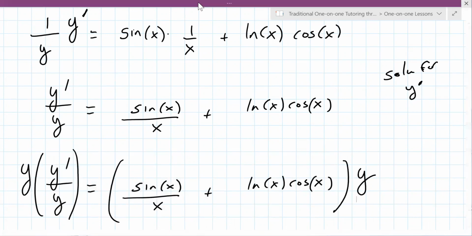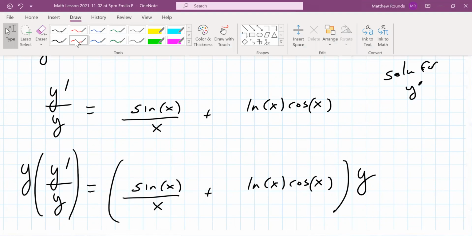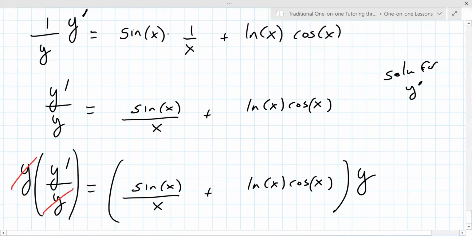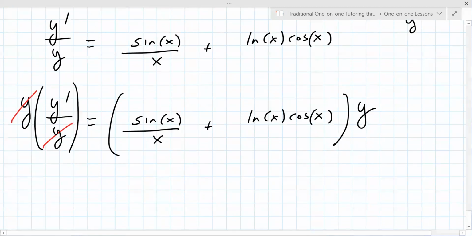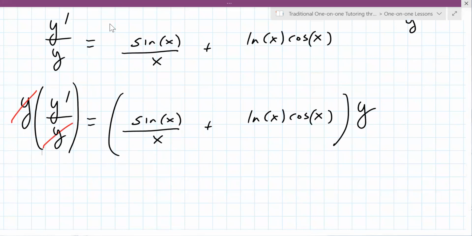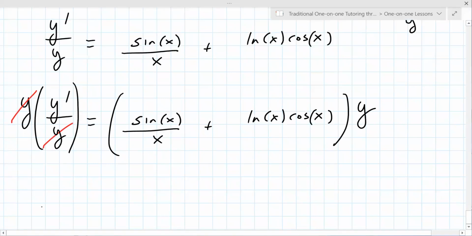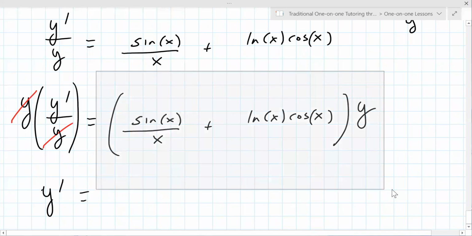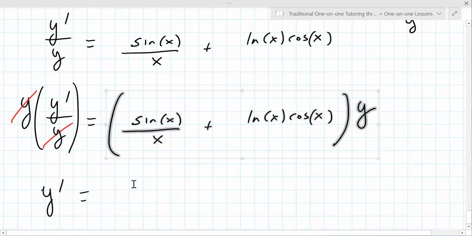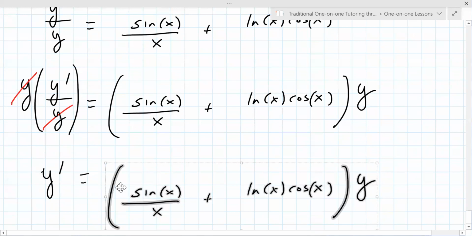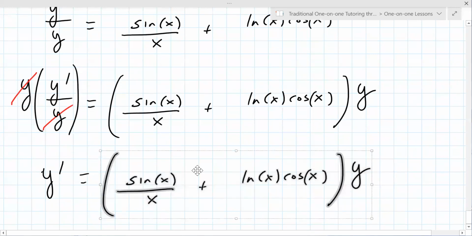If you multiply everything by y, and we'll do it for this problem so you can see this really clearly, those y's cancel, because y is in the denominator here. And then on the left, you just have y prime. On the right, instead of writing y, you go back to whatever y was when you started.